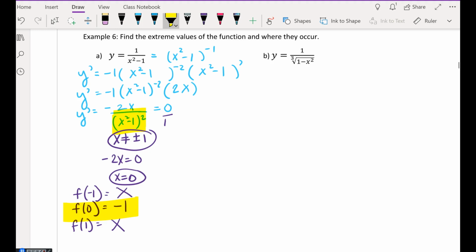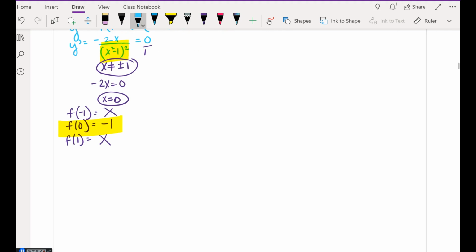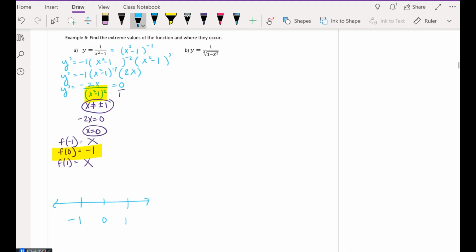What do you do? Okay, let's have a visual aid. Why not? I'm a visual learner anyway. You have 3 critical points: negative 1, 0, and 1. What's happening at positive and negative 1 to the original equation?